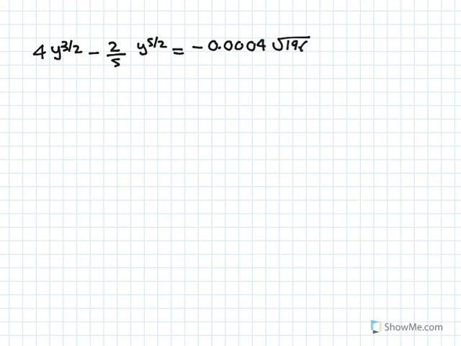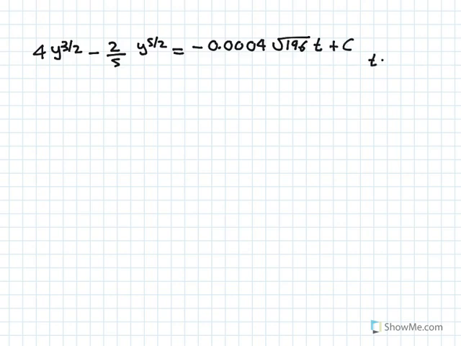All right, so what we have is 4 y to the 3/2 minus 2 over 5 y to the 5/2 is equal to minus 0.0004 root of 19.6 t plus c.